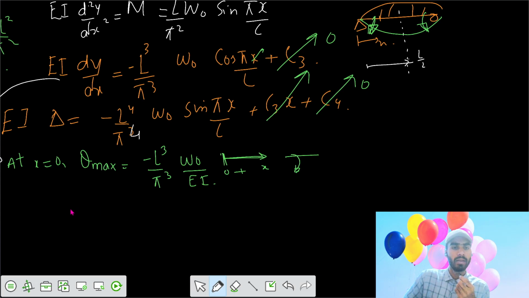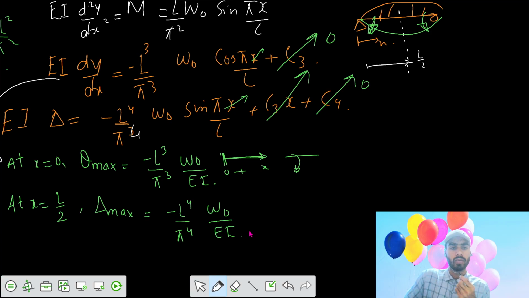Similarly, we want to get the delta maximum. We can write at x equals L by 2. If we substitute L by 2, we get sine pi by 2. So the delta maximum is minus L to the power 4 by pi to the power 4, W naught, sine pi by 2, that's 1, divided by EI.